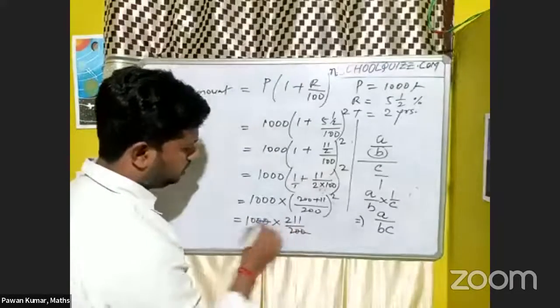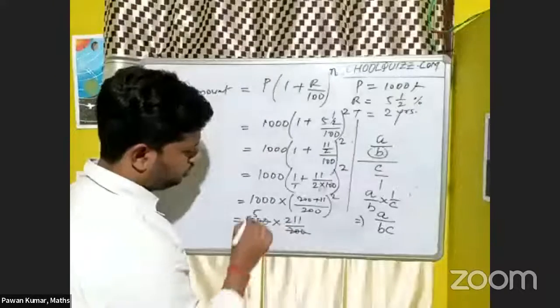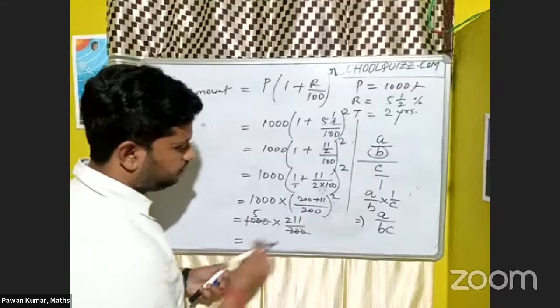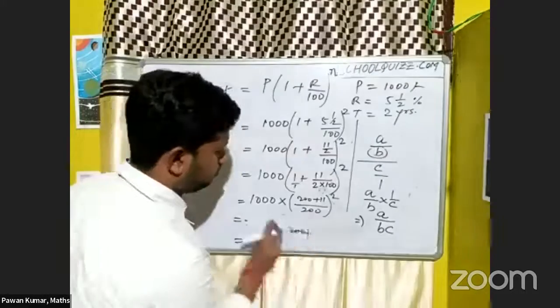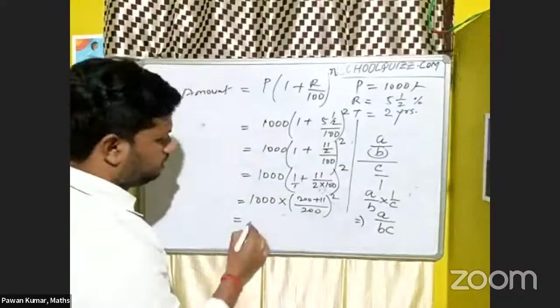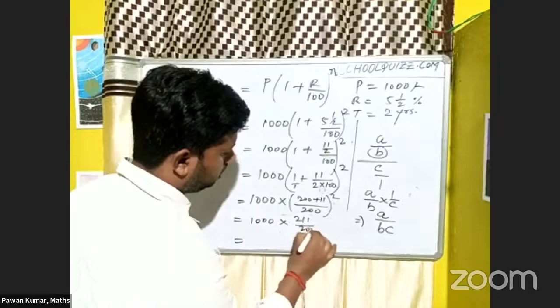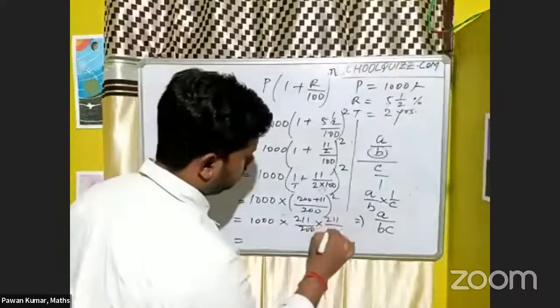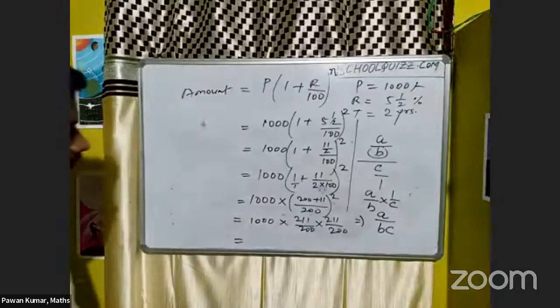This 0 will cancel here. This is twice, no? This is twice, meaning 1000 into 211 by 200 into 211 by 200, because this will be twice, as we have learned in exponents.